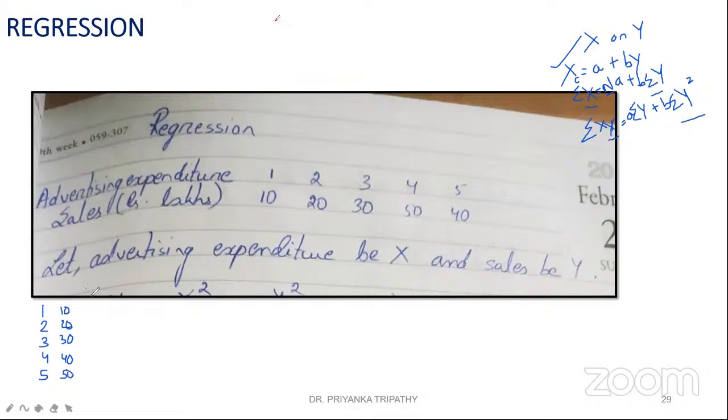Let's find x square, y square, and xy. So this will be 1, 4, 9, 16, and 25. All of you, solve parallelly with me.